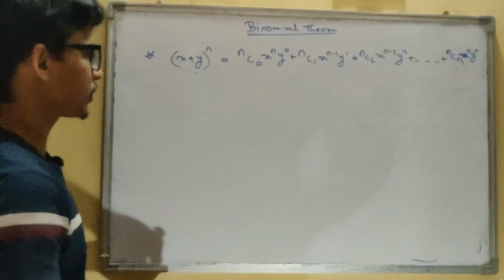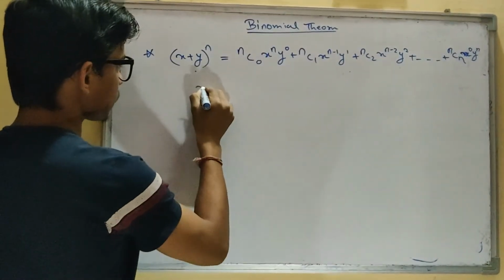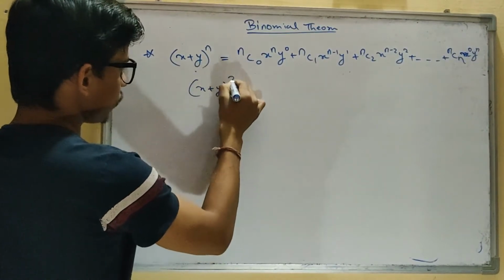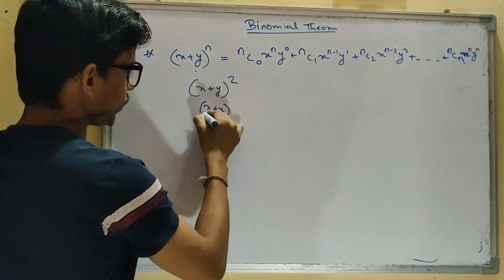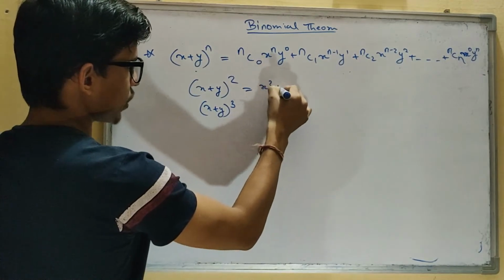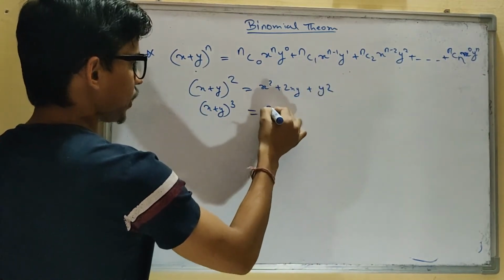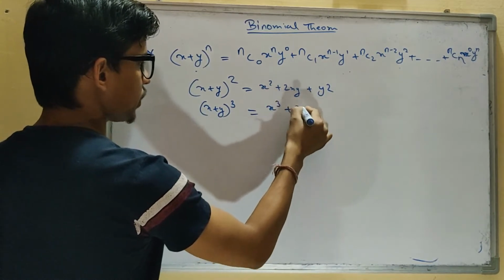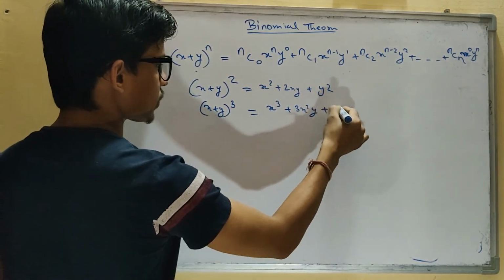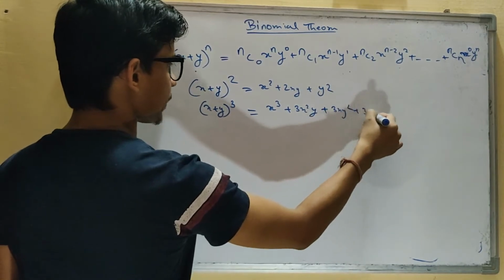Just for illustration purposes, I can show you x plus y whole square and x plus y whole power 3. It is going to be x square plus 2xy plus y square, and x cube plus 3x square y plus 3xy square plus y cube.